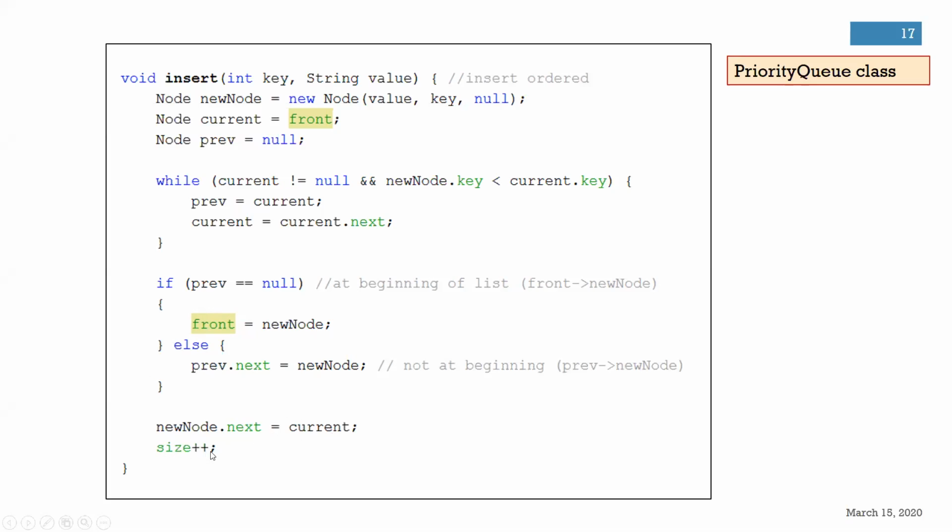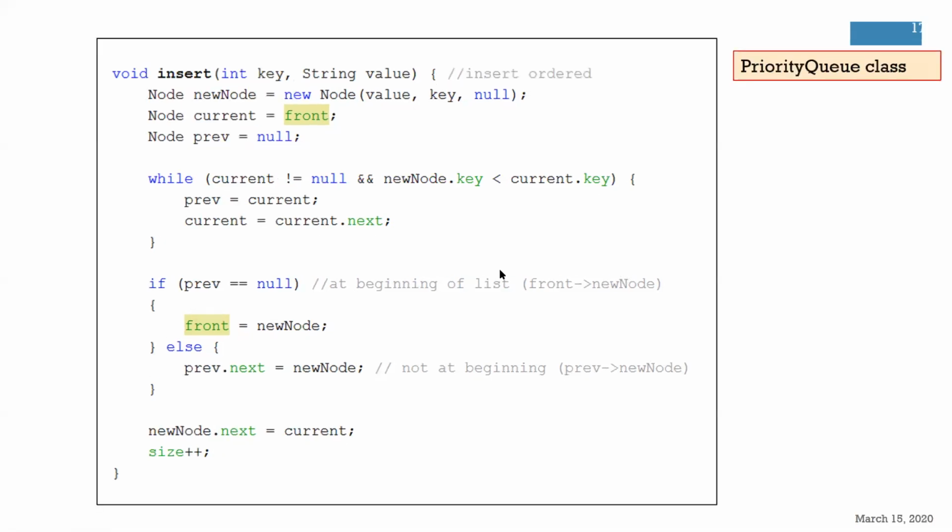Increment the size, plus plus. If this is the last one, current equal null, so we can update this as the last node added for the linked list. And increment the size by 1. Okay, this is for insert.